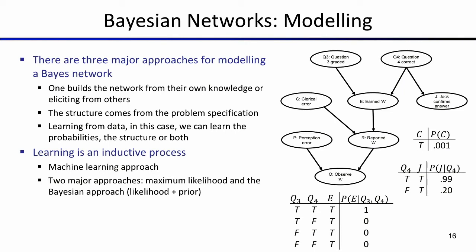A second possibility is from the problem specification by itself. Some problems, as we read the specification, make it clear what the underlying graph is that you need to use. Maybe a very simple example for that is when you want to model an image as a probabilistic graphical model. In that case, we use undirected graphs.